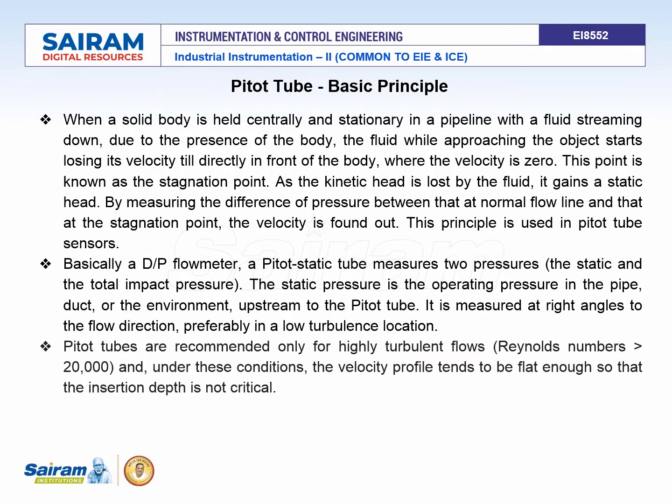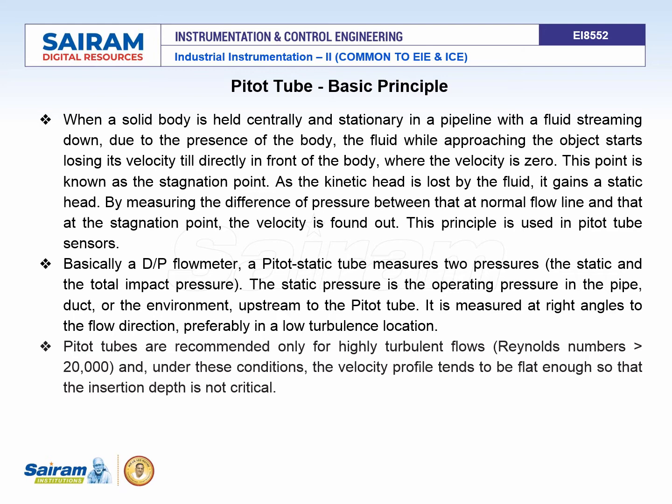Then coming to the basic principle, when a solid body is held centrally and stationary in a pipeline with the fluid streaming down, due to the presence of the body, the fluid approaching the object starts losing its velocity till in front of the body, where the velocity is zero.